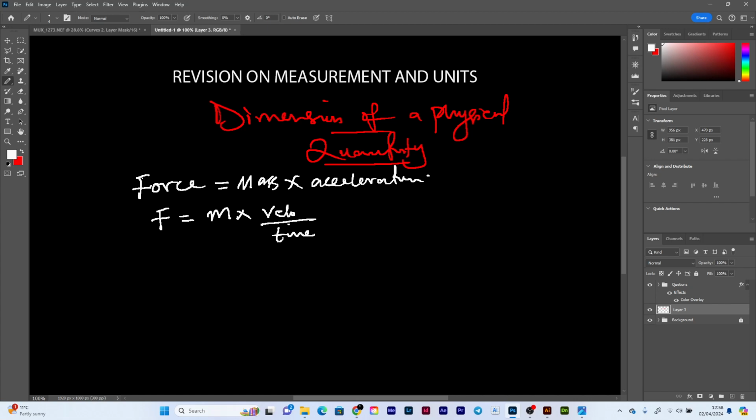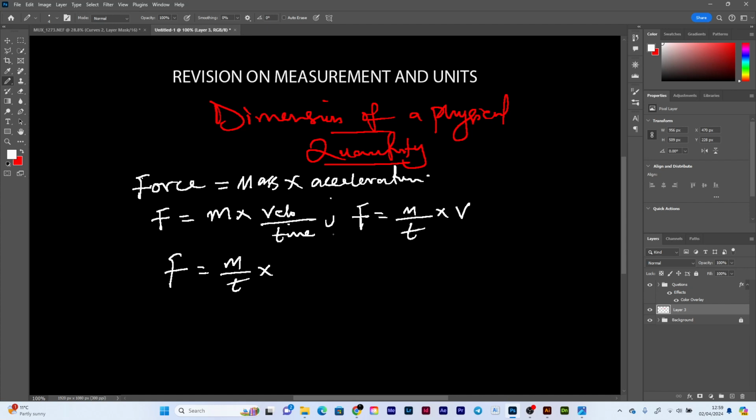So we've seen another fundamental quantity, which is time, but we can still break it further because this second step is to make everything a fundamental quantity, right? So you can have that F is equal to mass all over time multiplied by velocity. What's velocity itself?